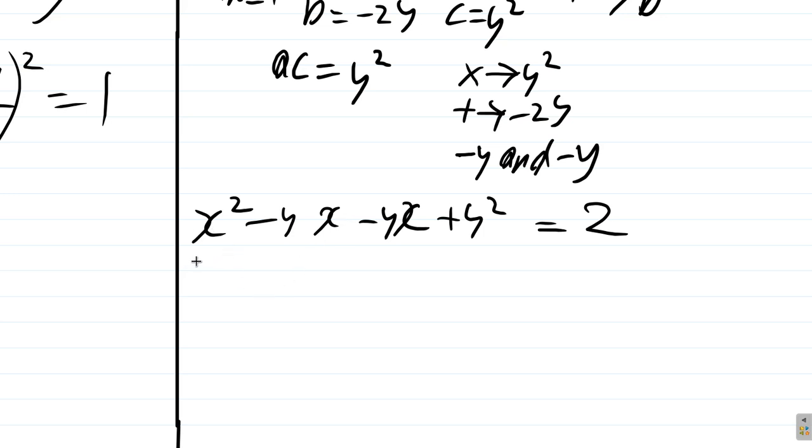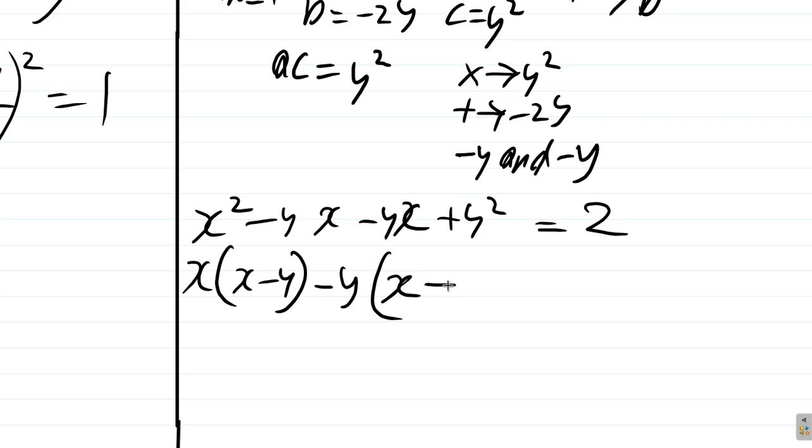Factorizing in pairs, you have x outside the bracket here, x minus y. Then if you put negative y outside the bracket, negative y into negative y, x goes positive x, and negative y into positive y squared goes negative y, equals 2.